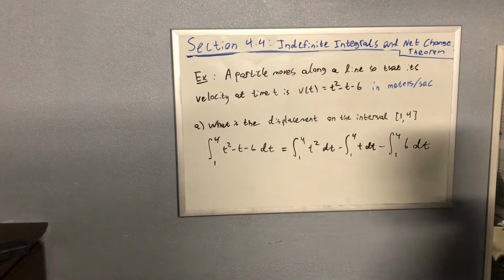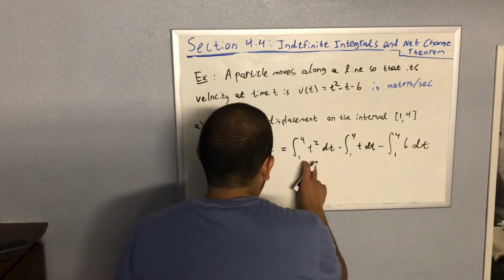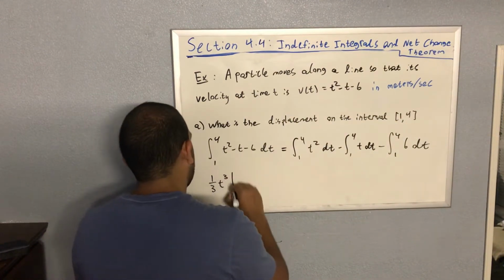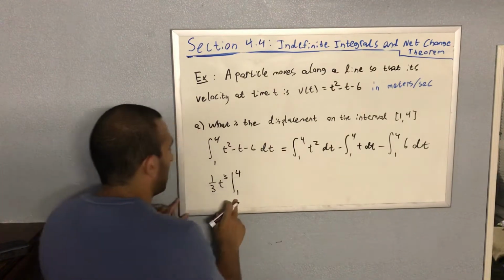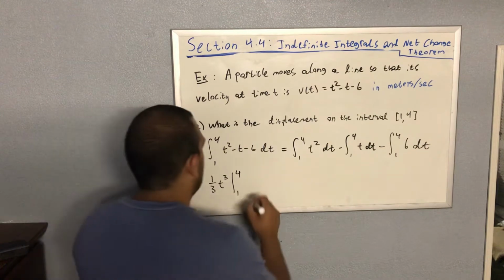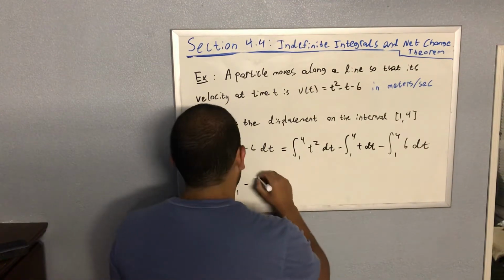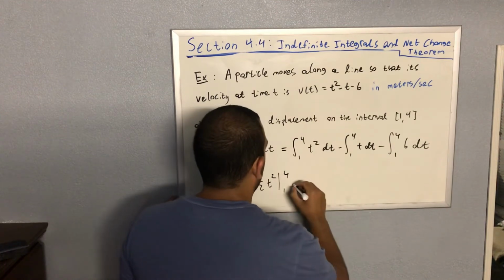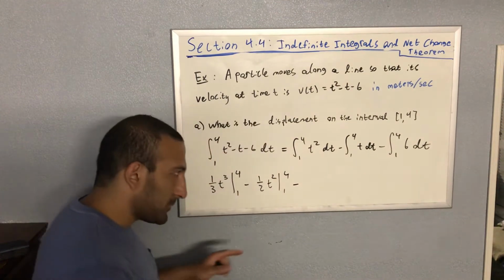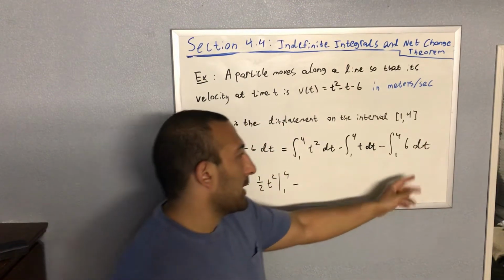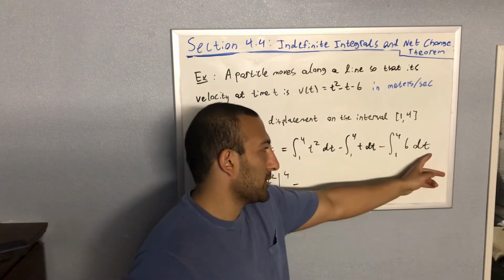Now, if you use the power rule here, this integral is 1/3 t cubed, evaluated from 1 to 4. And this one is 1/2 t squared from 1 to 4, and then minus, remember, if we had a constant, all that would happen is we would get that constant times this variable, so 6t.